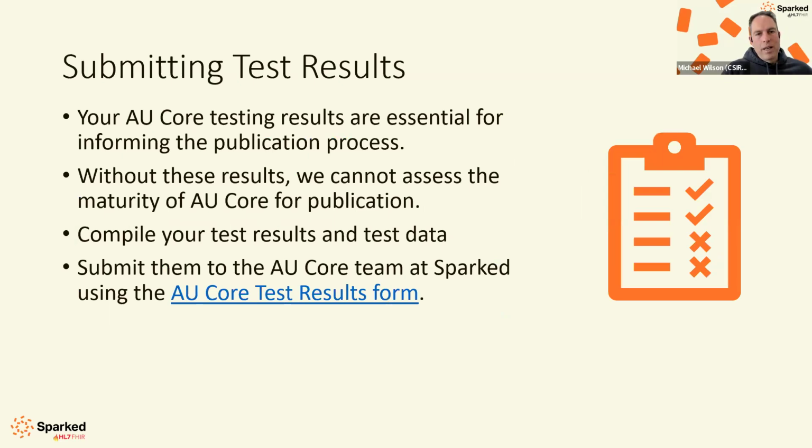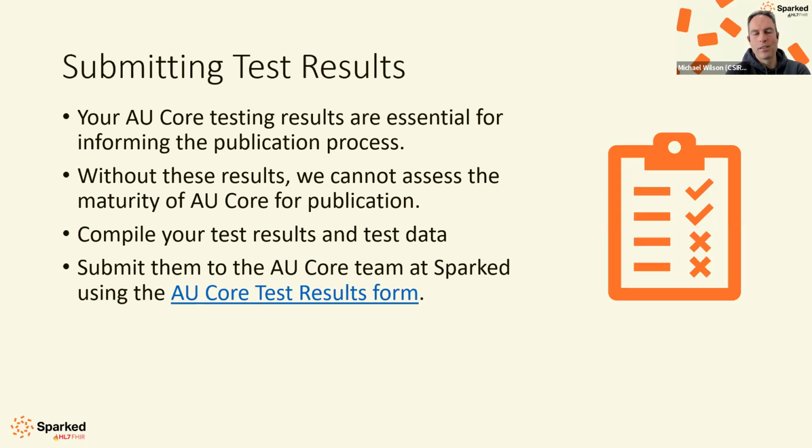So then I want to talk about getting the feedback from your testing results on the day. This is really important. As part of the AU Core IG development process, part of it is assessing the maturity. And part of that is understanding who has tested and what parts of AU Core have been tested.